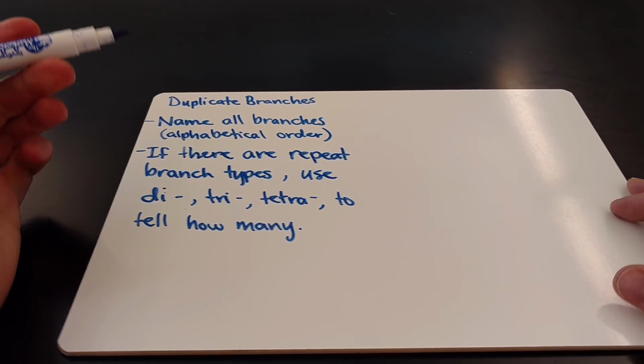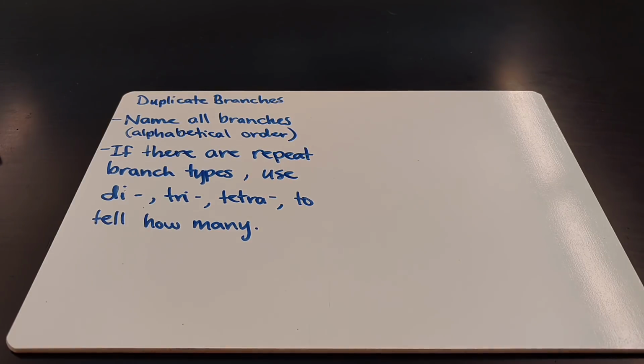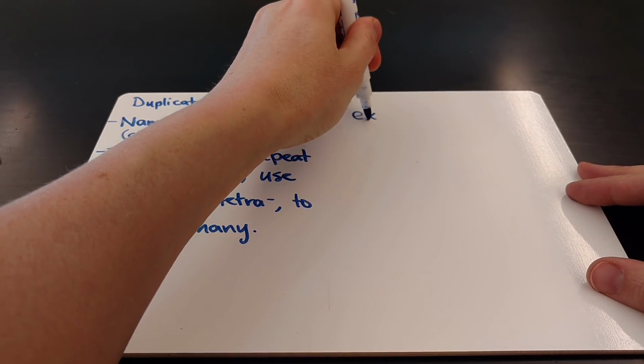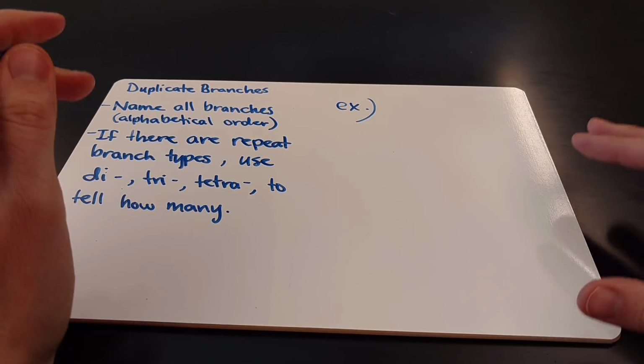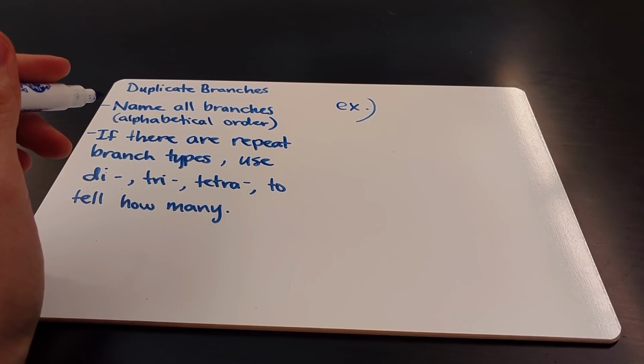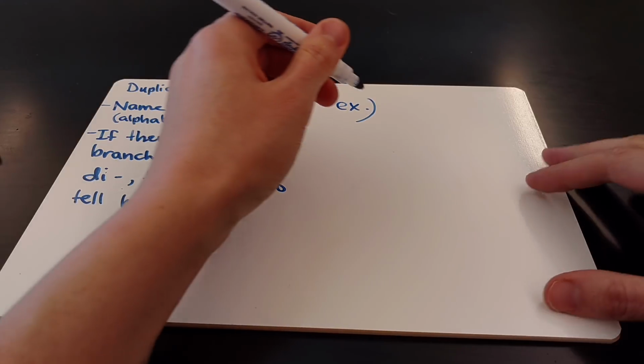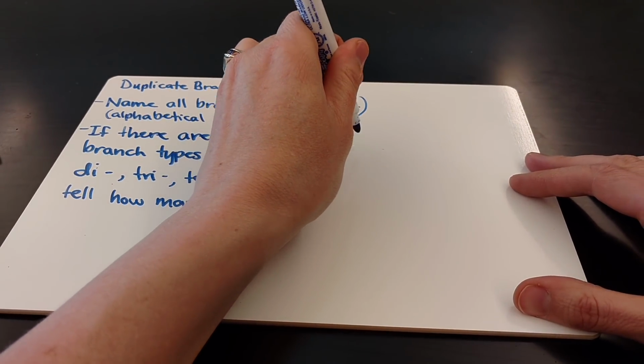So here we're going to do an example. I'll draw out a molecule. I'm going to just use a carbon skeleton for this because it is a lot longer than the last one. So we're going to have 7 carbons in a row.